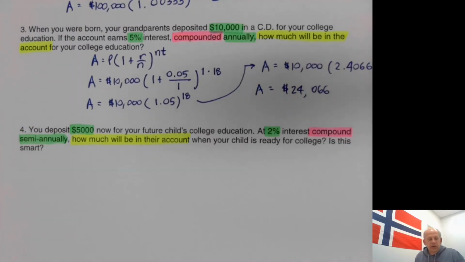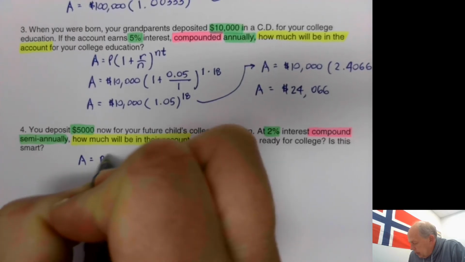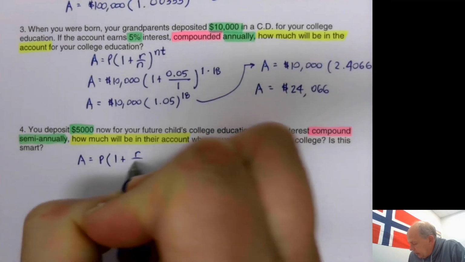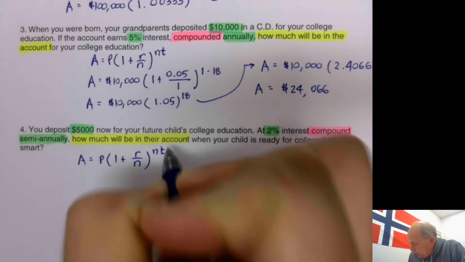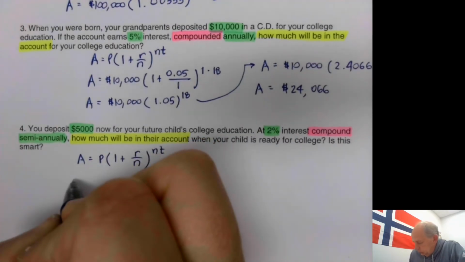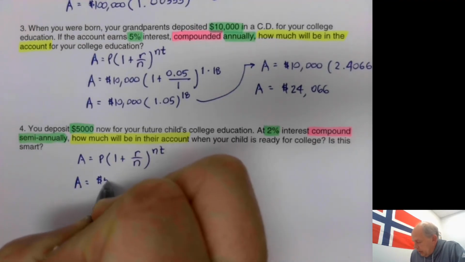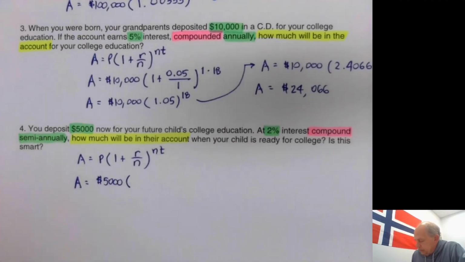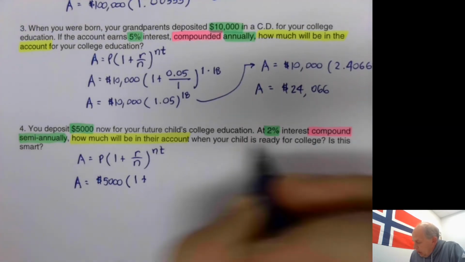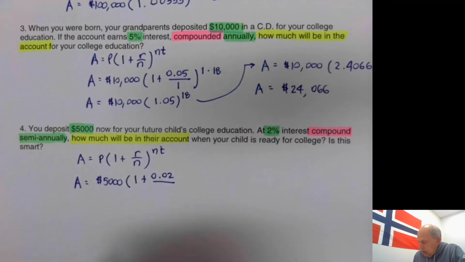So I have all of these values highlighted. I know what formula I'm going to use because of the word compounded. Let's start plugging these values in. The future amount, you've deposited $5,000. You receive 2% interest rate.